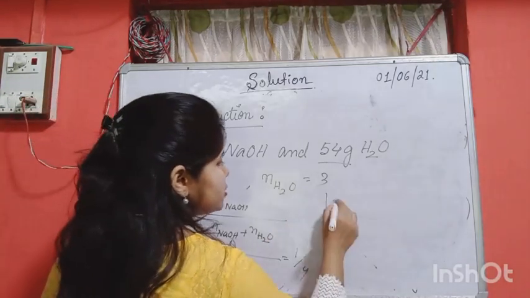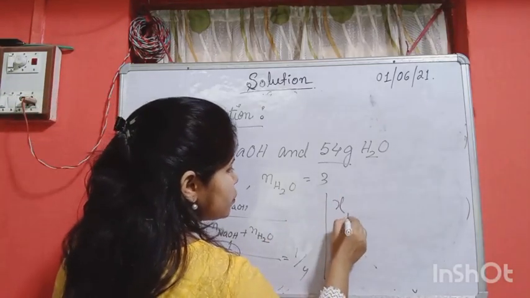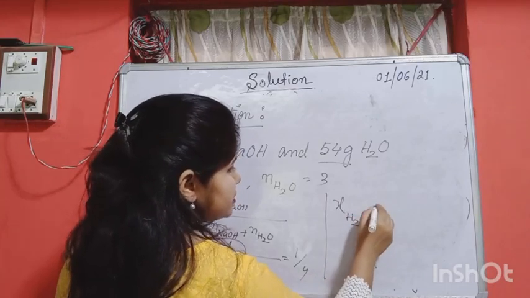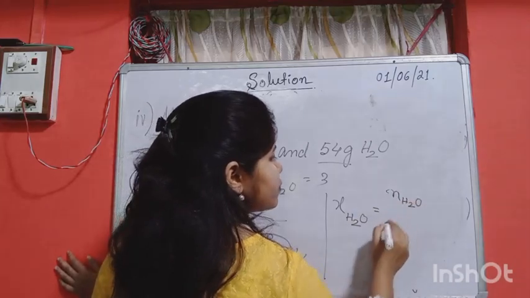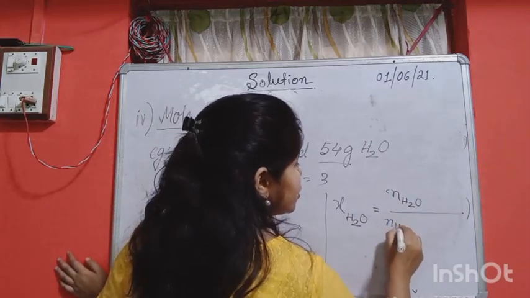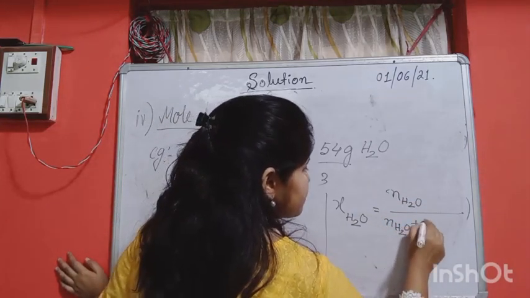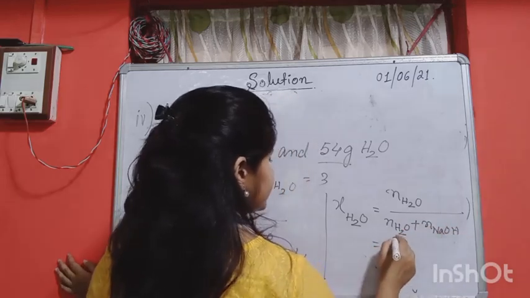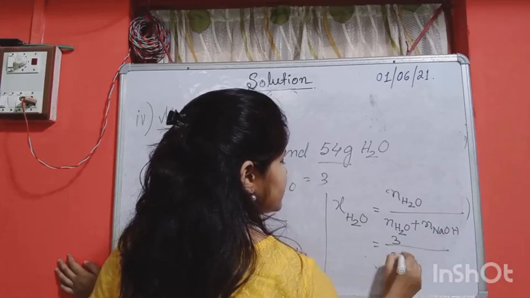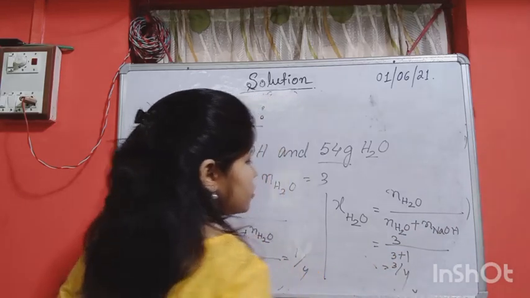Next, we need to find the mole fraction of H2O also. So zeta of H2O is equal to n of H2O, the number of moles of water, divided by the total number of moles, that means n of H2O plus n of NaOH. So it will be 3 divided by 3 plus 1, that is 3 by 4.